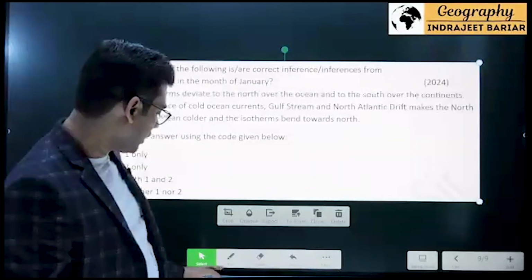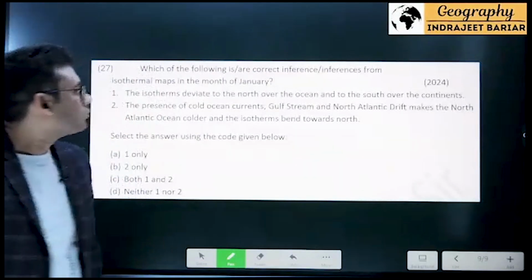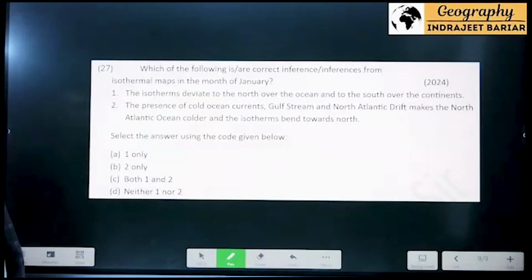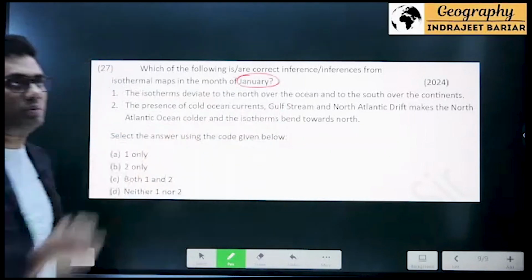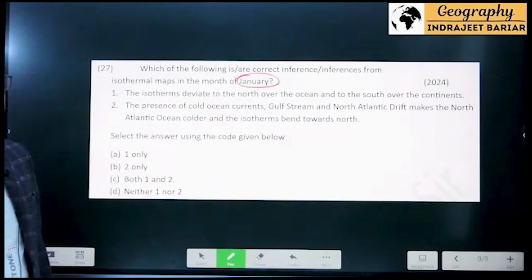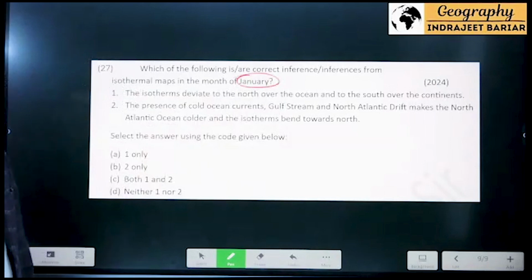And now if you check this question: which of the following are correct inferences from the isothermal map in the month of January? They are asking us about the January isotherm. Isotherms deviate to the north over oceans and to the south over the continents.